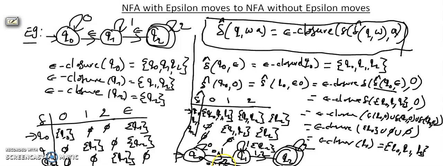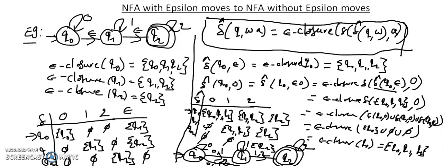So according to this theorem for NFA with epsilon moves to without epsilon moves, for any final states in NFA with epsilon moves, in our problem Q2 is the final state. The reachable states are Q0 and Q1, which means Q0 and Q1 will go to Q2 final state by using epsilon.